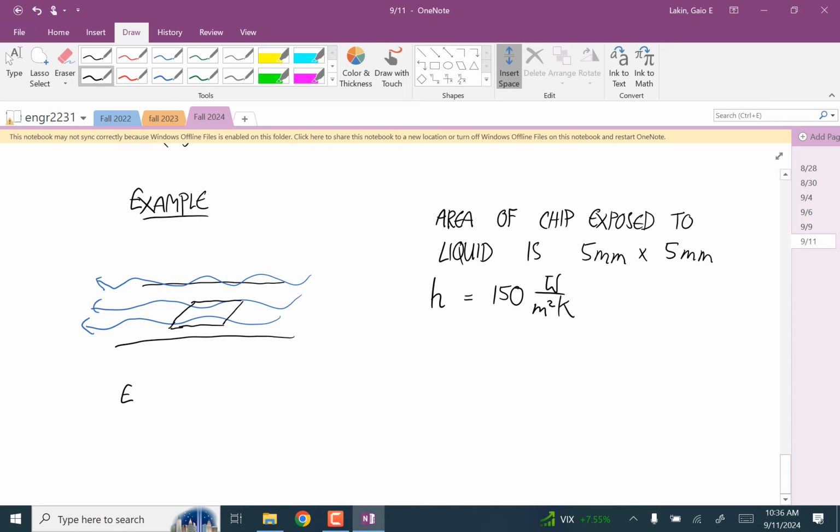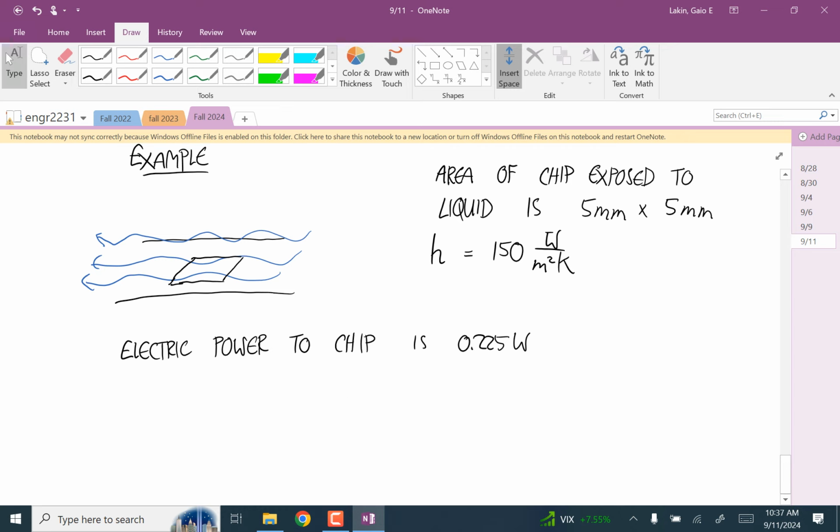The electric power to the chip is 0.225 watts. This is a steady state process.